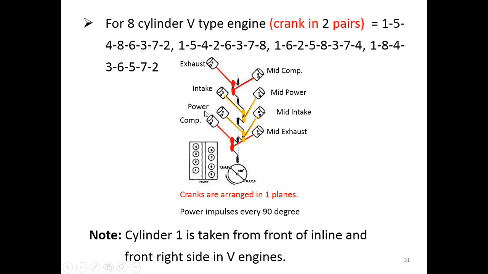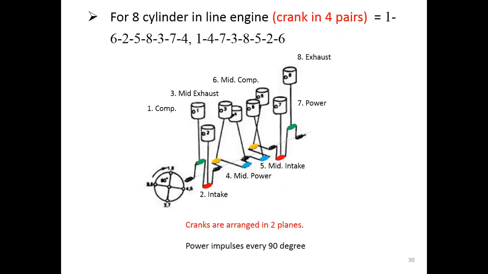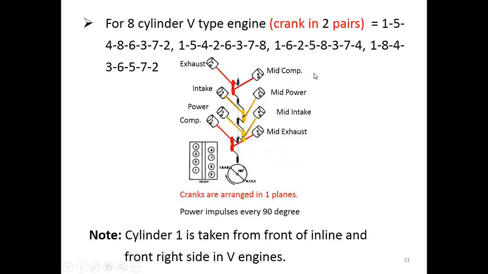So this is the first cylinder, and this is the second, the third, the fourth, the fifth, sixth, seventh, and eighth. This is how they count the cylinders. For the inline one, you have no problem because it goes in line, so the first is in the front and the last is at the end. But for the V-type engine, the rule is that the first one is always on the right side.